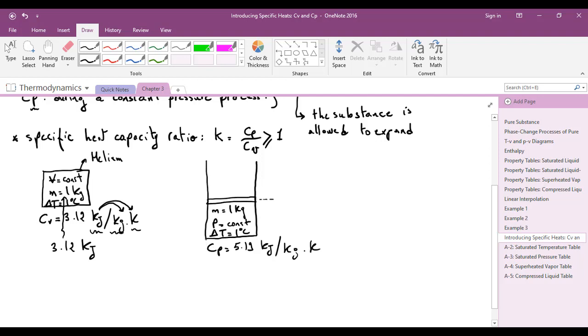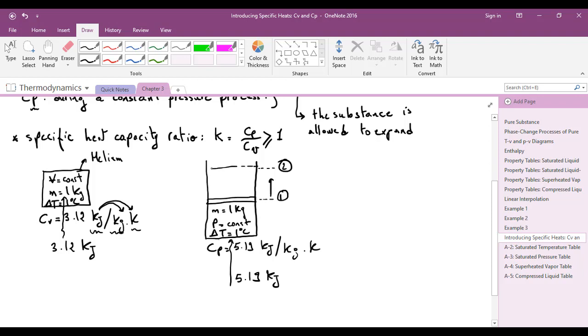That's why Cp is higher than Cv. Here we need to supply 5.19 kilojoule, since when supplying this energy, part of it will increase the temperature of the substance, and the other part will be used by the substance to expand from volume 1 to volume 2.